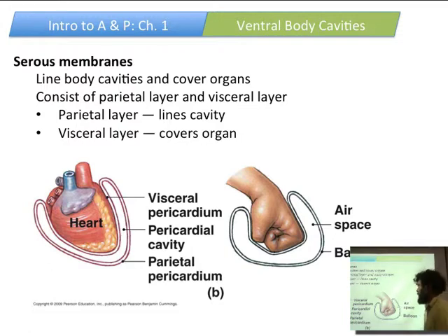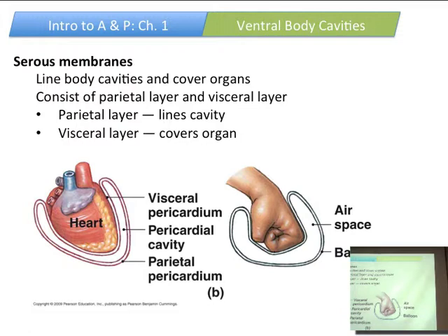And so what are they? They're basically membranes that cover an organ and then form a pouch around it. So there are two layers to any serous membrane. There is the visceral serous membrane and the parietal serous membrane.